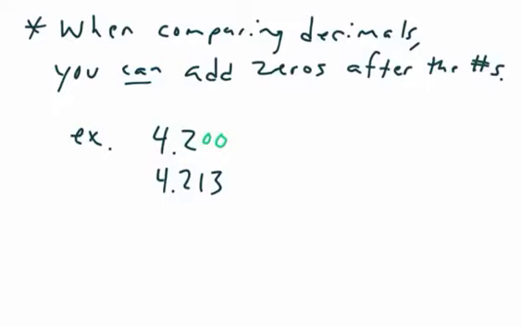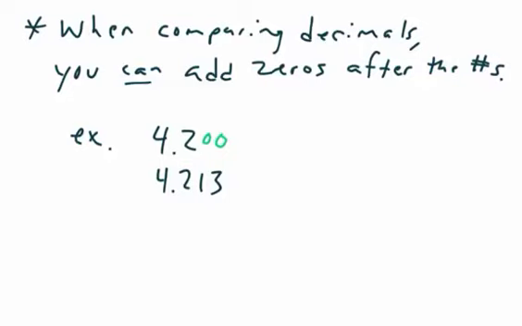But if I have something with a 0.2, I can add zeros after that. And it makes a lot more sense which one's going to be larger when I see the zeros on there. Top one, bottom one? Bottom one, because 213 is bigger than 200. So the 4.213 is going to be larger.